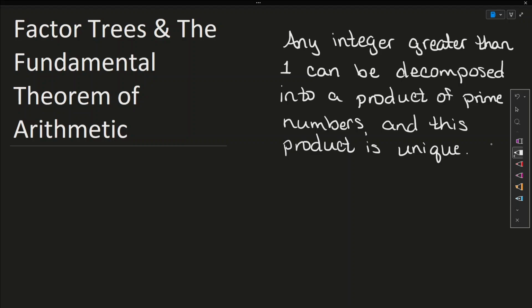This means that every whole number greater than 1 has one and only one prime factorization aside from the order of the factors. So even though the factor trees can look different, the final prime factorization must be the same. This is a powerful idea. It tells us that prime numbers are the building blocks of whole numbers. Just as molecules are built from atoms, composite numbers are built from primes.